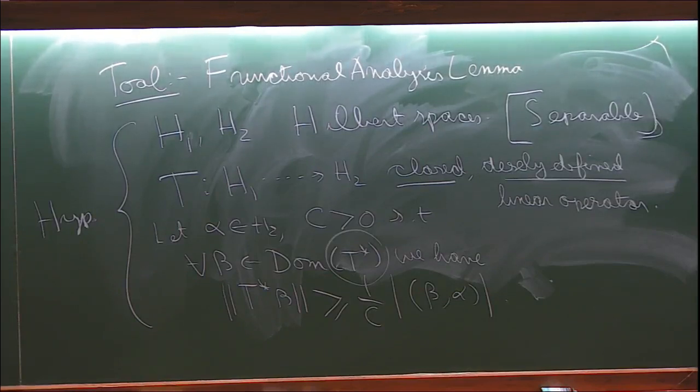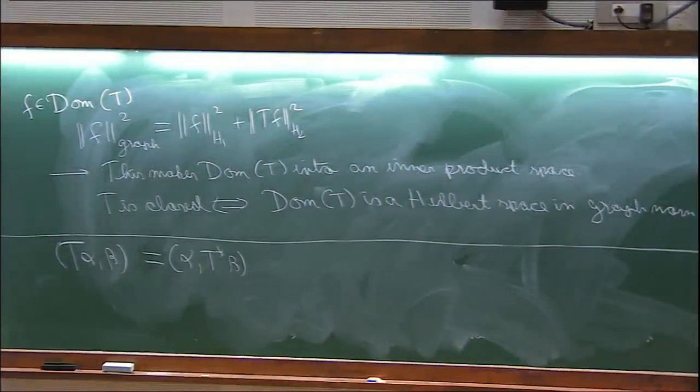Morally speaking, an adjoint should be something that satisfies this equation, and the definition of the adjoint of an unbounded operator, where unbounded just means possibly not bounded, is made in such a way that this equation holds. How is this done?